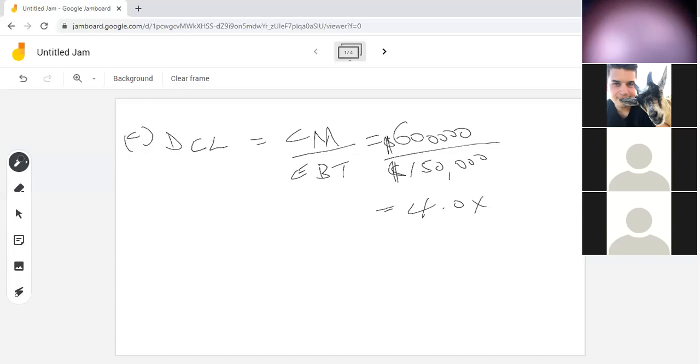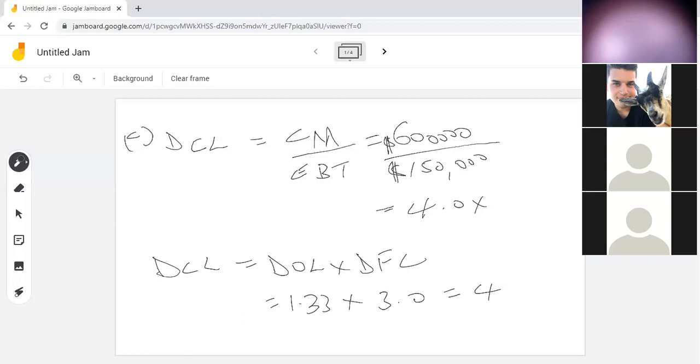The degree of combined leverage could also be found by the degree of operating leverage multiplied by the degree of financial leverage, which would be 1.33 multiplied by 3.0, and this should also give us 4 times.